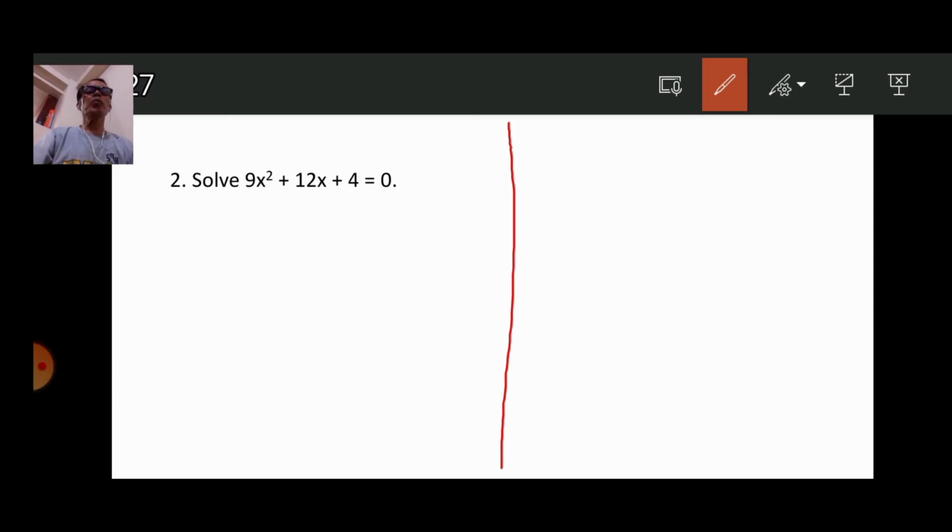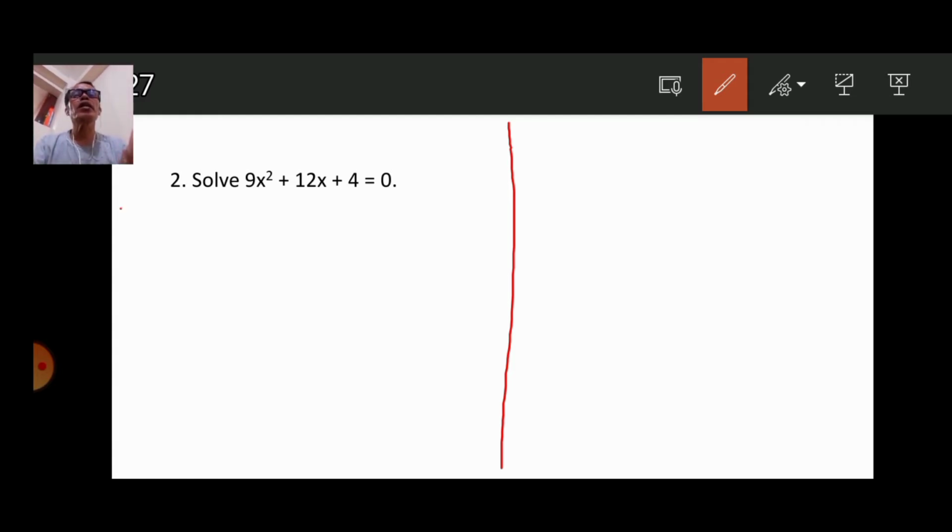Okay, we were given the quadratic equation 9x squared plus 12x plus 4 equals 0. Since the given quadratic equation is already in its standard form, we can use the discriminant.